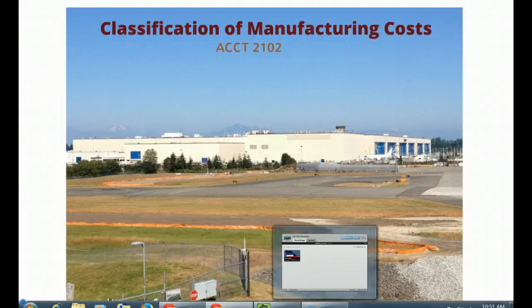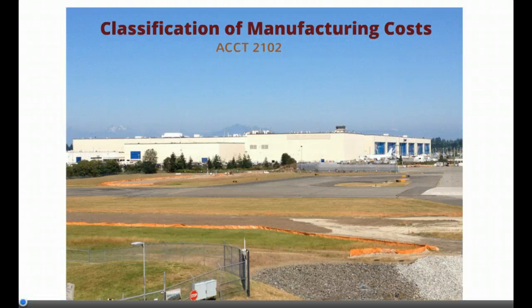Let's get started with the building blocks of management accounting, which is the topic of Chapter 2. One of the most important sets of building blocks consists of the terms we use to talk about different kinds of costs.